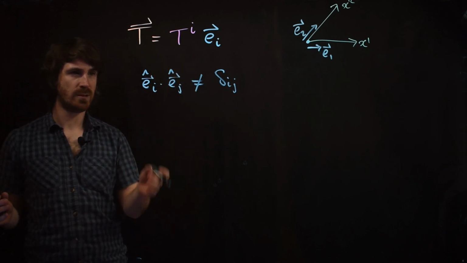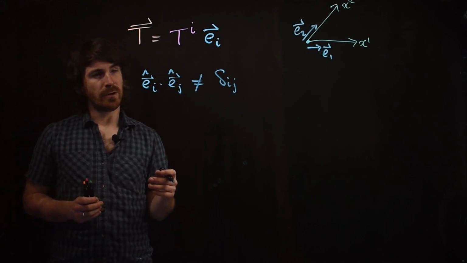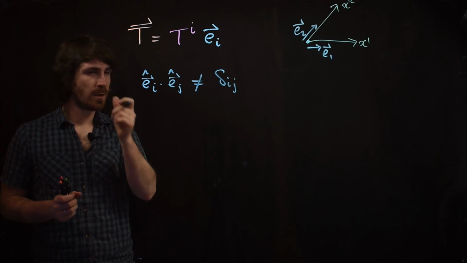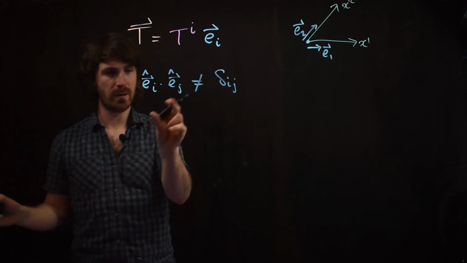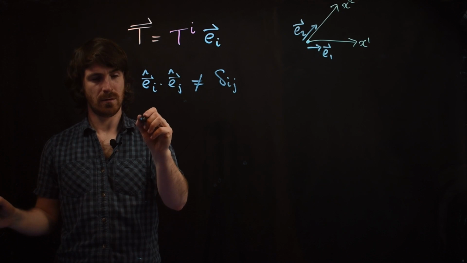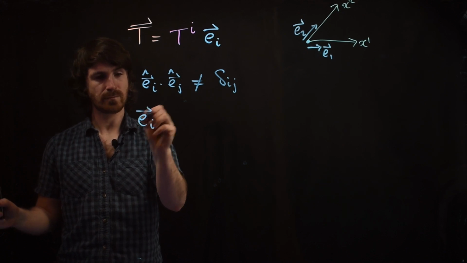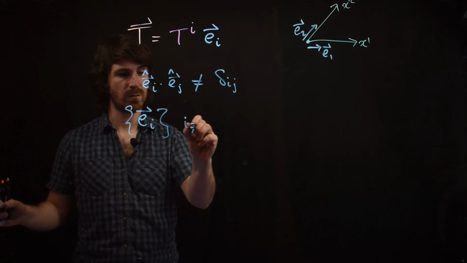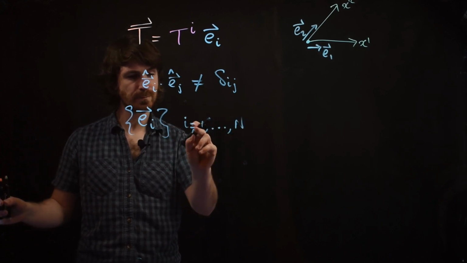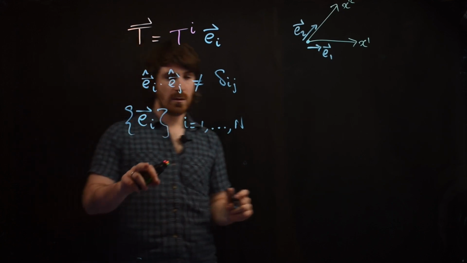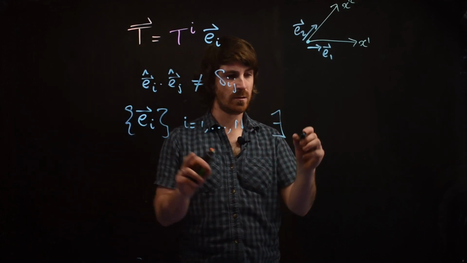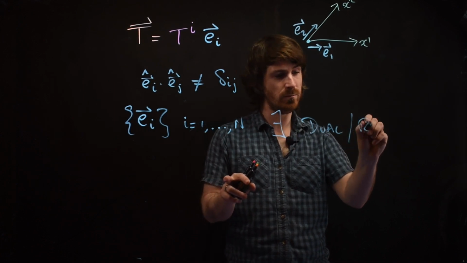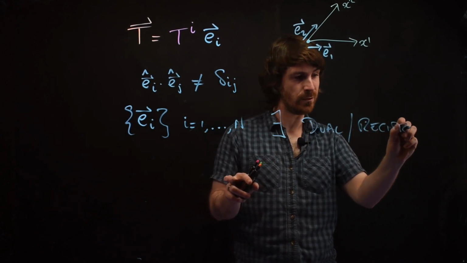Well, this is where we now start to think about different types of basis vectors. For any set e_i of natural basis vectors, i equals 1 up to n, there exists a dual set, or reciprocal basis. Different people use different words.